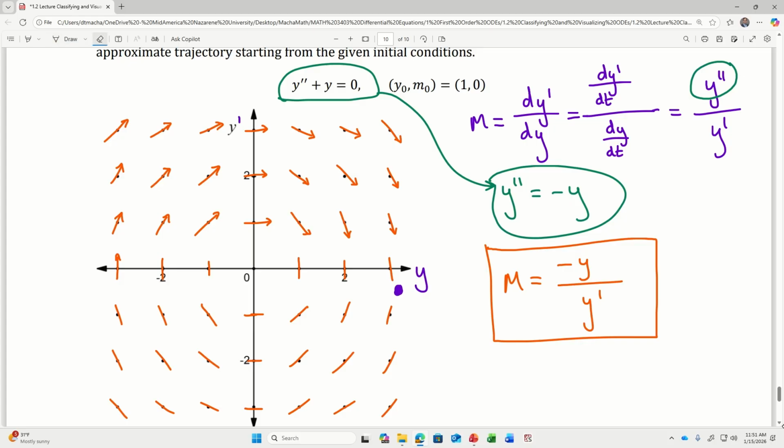And then on the bottom half of the plane, y prime is negative, so the change in y over time is negative. And so over time, the horizontal values should be moving to the left. And so I'm going to put little arrowheads that show everything moving to the left over time when y prime is negative on the bottom half of the plane.